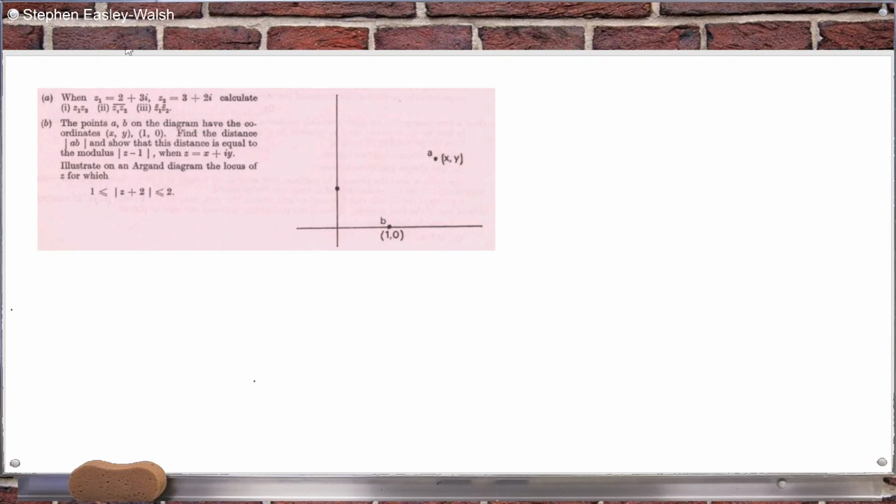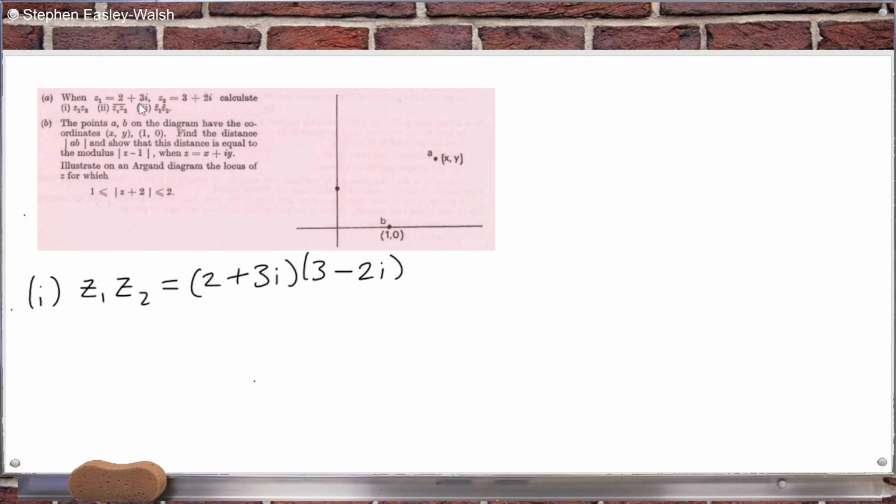Okay, let's have a look here. You've got Z1 and Z2. You have to calculate a few things here. Number one, their product, Z1 times Z2, that's going to equal 2 plus 3i times 3 minus 2i.